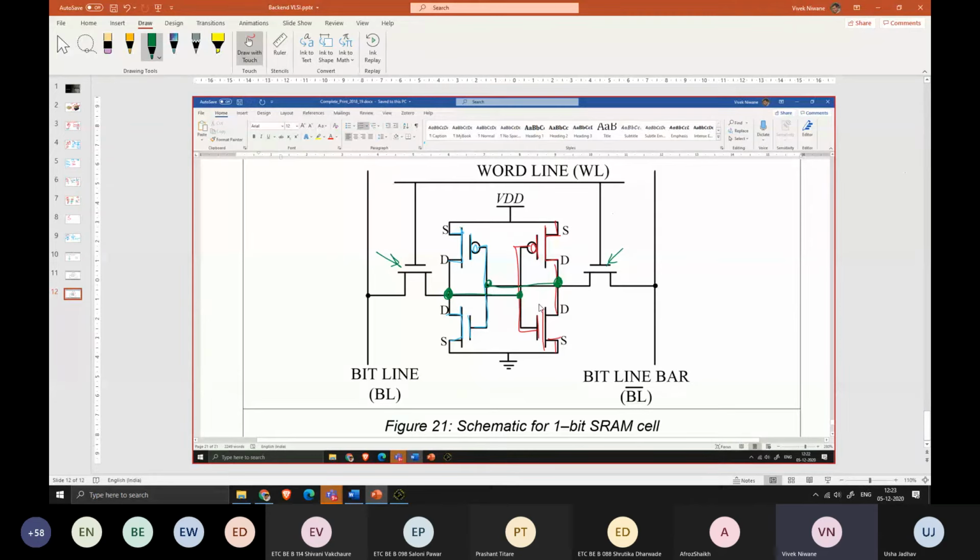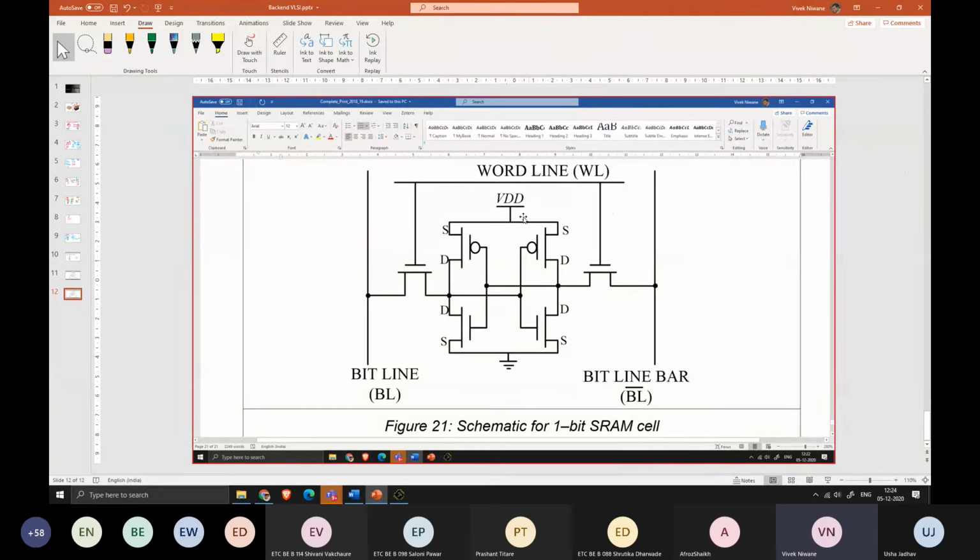Okay, whenever we want to write some data or read some data to the cell, then we have to write it or read it through these MOSFETs. These are called access transistors. All these are called access transistors, and those have to be enabled while reading or writing into the SRAM cell.